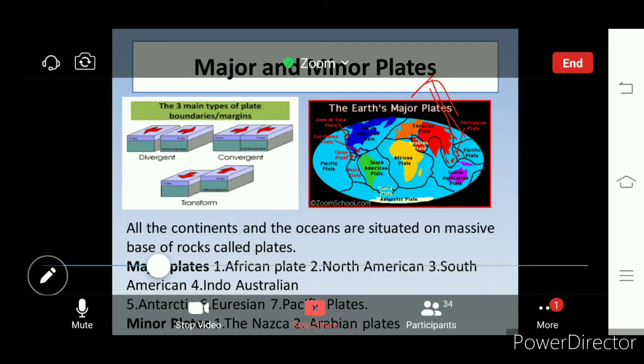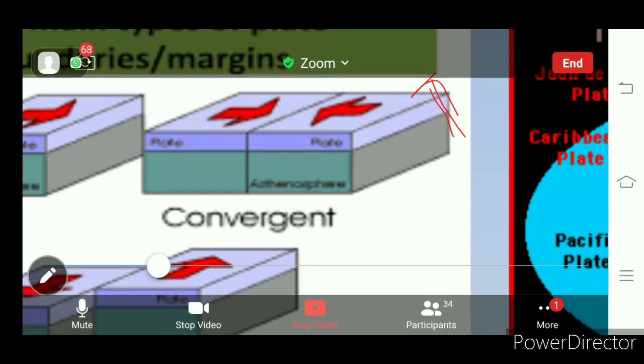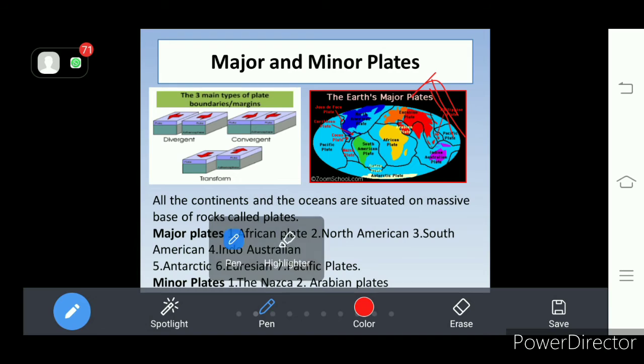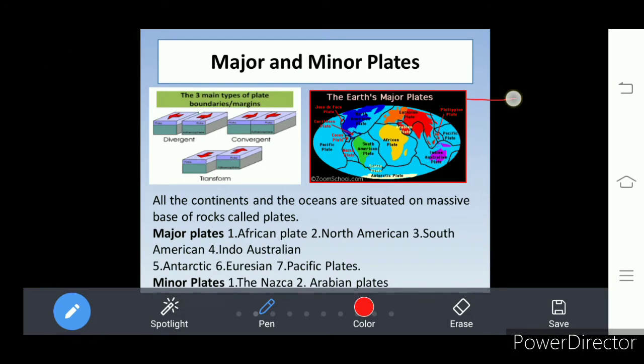Okay, let me show you what happens by the pushing of the plates. Here I am drawing, please look at what happens when plates push. Look, my dear students, this is one plate. You may think it is the Pacific plate or Indo-Australian plate or Eurasian plate. I'm considering it is the Eurasian plate.